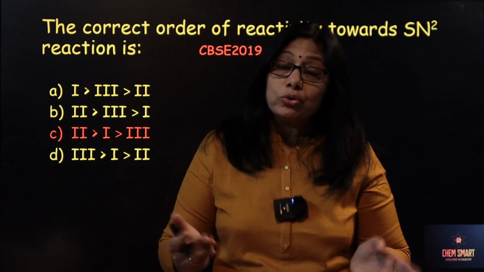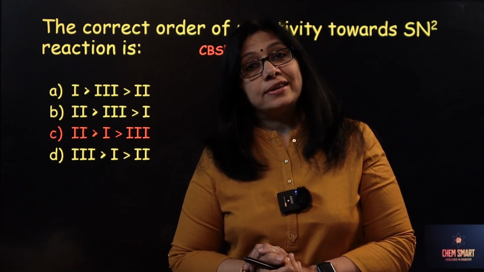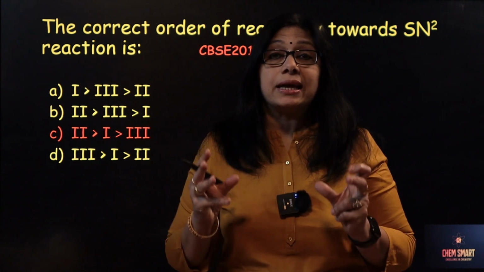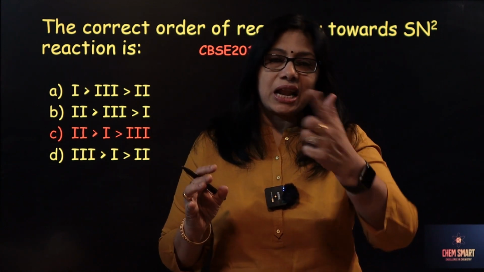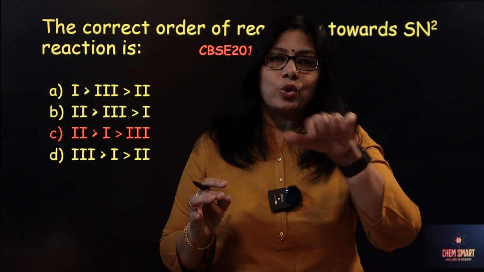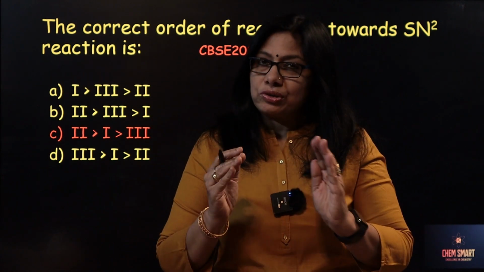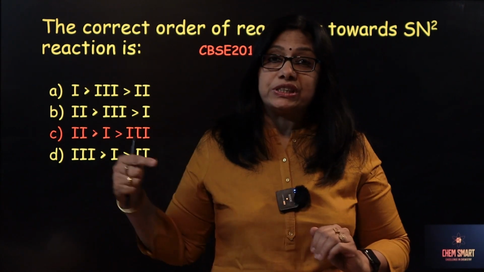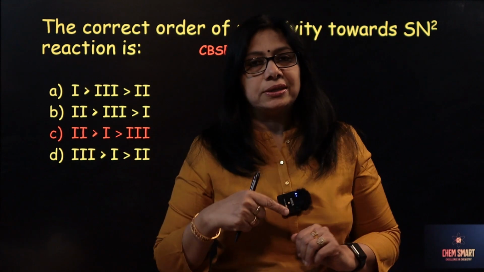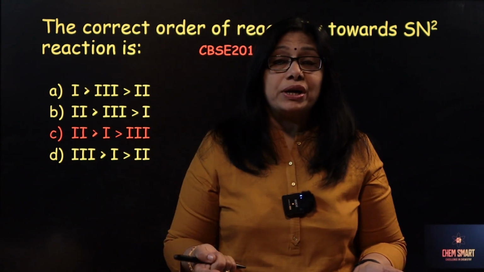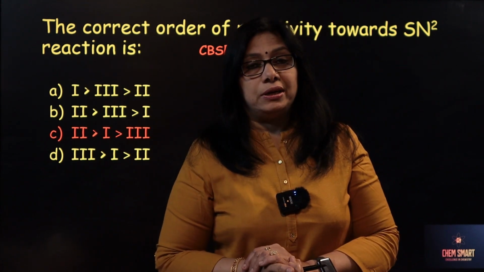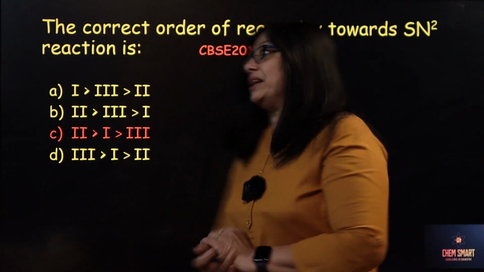You know, SN2 reaction depends on what? It depends on the steric hindrance surrounding the electrophilic carbon, the positive carbon, to which the halogen is connected. Clear? And what is the order of reactivity in SN2 mechanism?